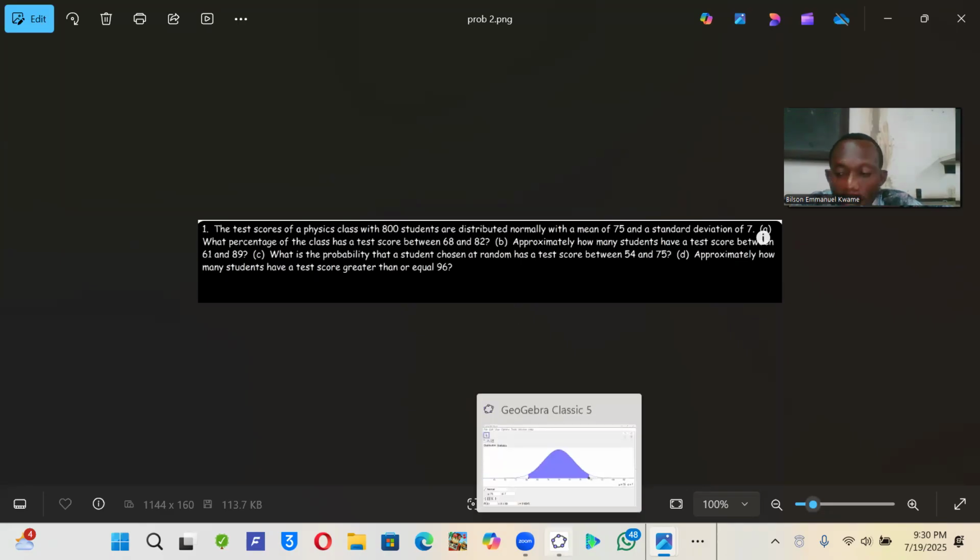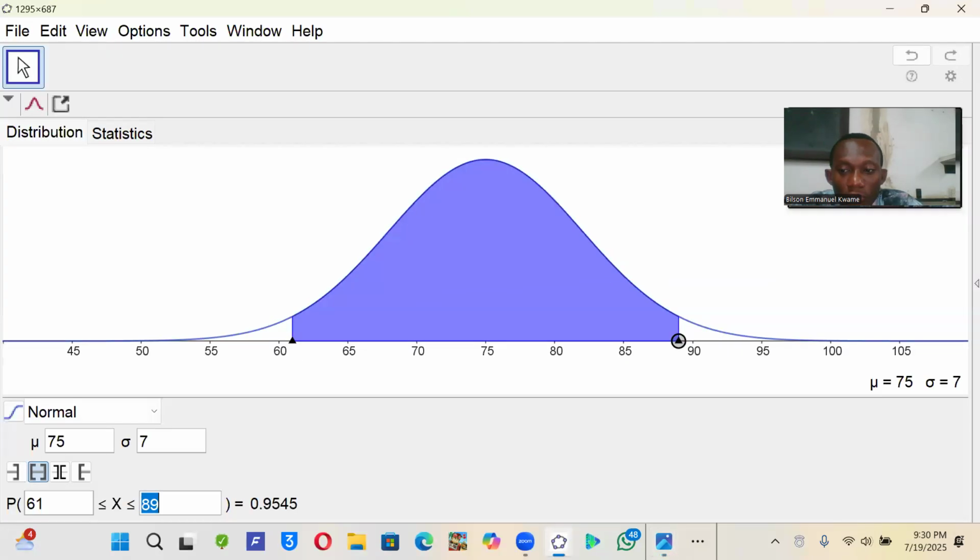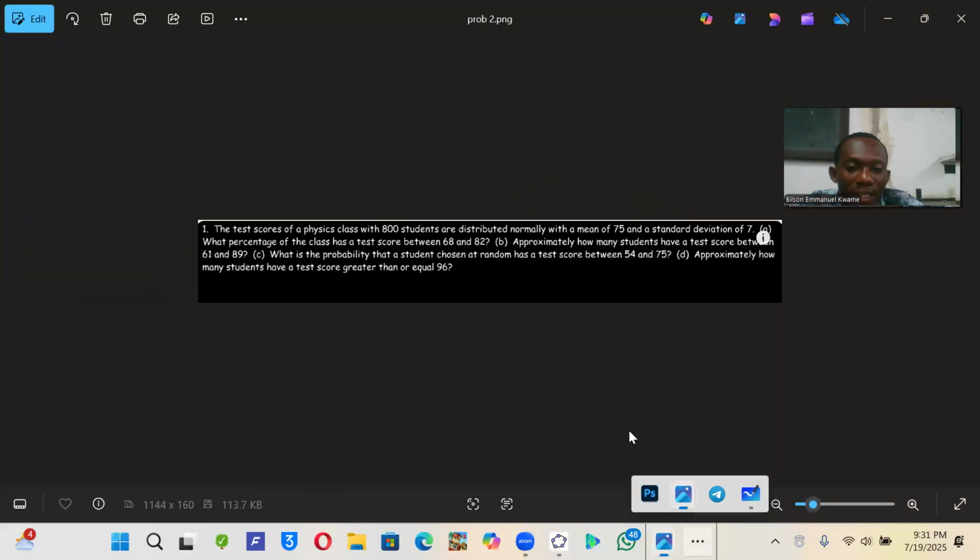So the question is saying that A, what percentage of the class has a test score between 68 and 82? So they want to know the percentage, right? So we come to our GeoGebra app. We want to know what percentage is between 68 and 82.